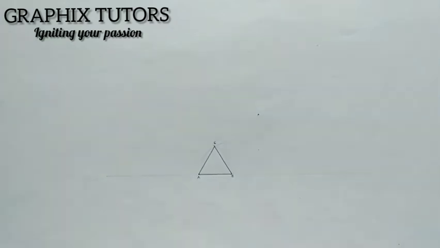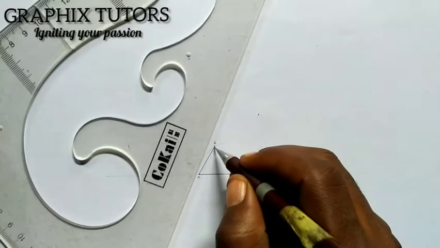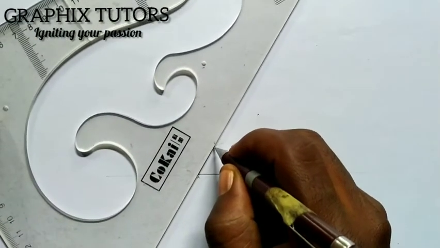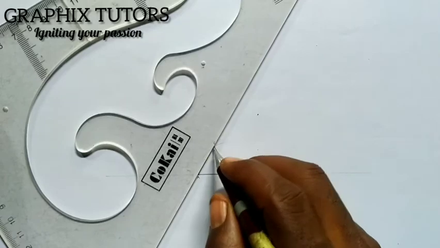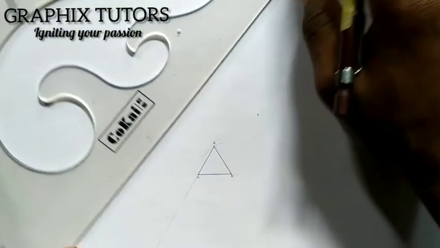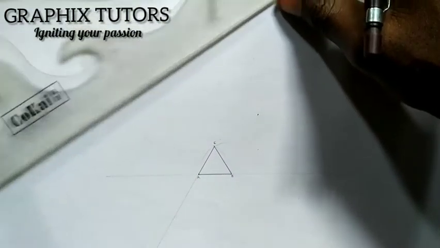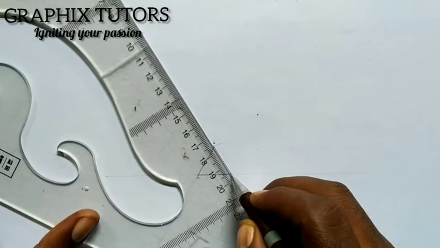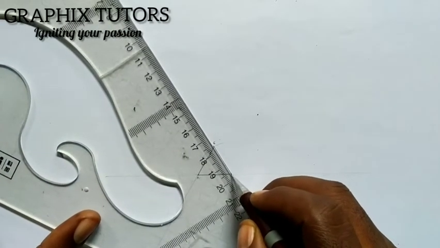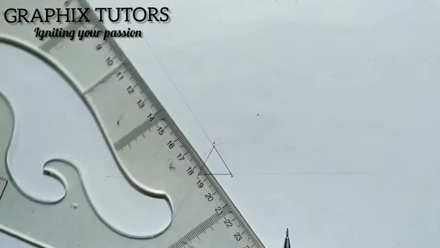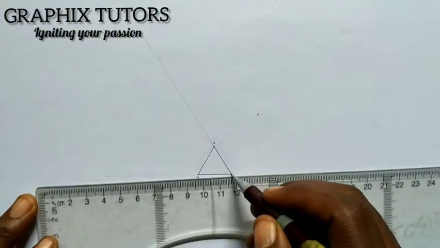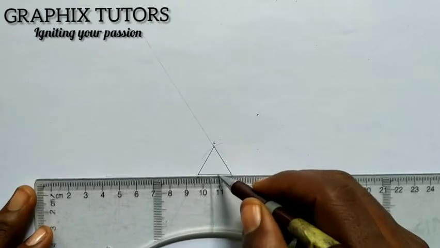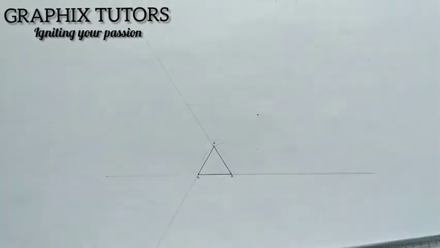So you are going to extend it. From this point, you extend this at point A. You have this. Go to the next one, which is point C. Extend it, and you come to here. You also extend it, right?